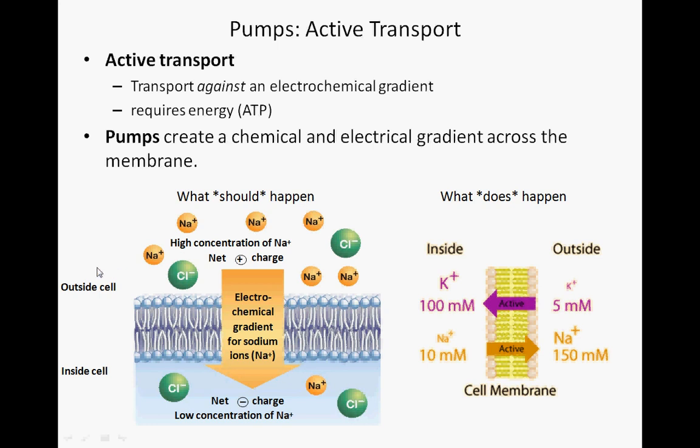Anyway, the point being, this diagram represents what you would expect would happen if there were a channel or a carrier protein sitting here. We have a lot of sodium on the outside of this membrane and only a teeny bit inside. We would expect that sodium here would start flowing in. That's the natural direction it would go. That's the way the electrochemical gradient points.